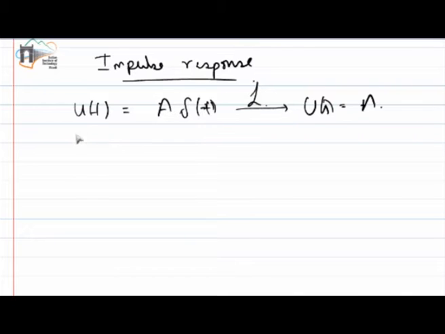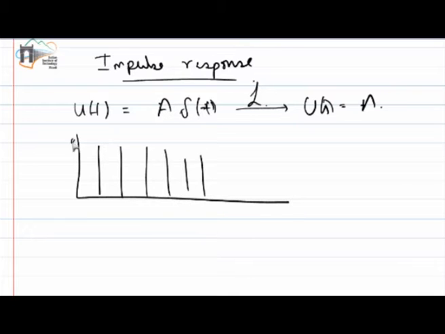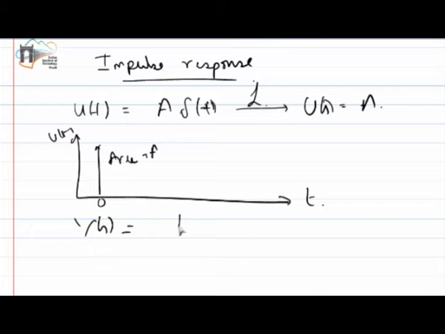These impulse responses are pretty interesting signals in the process industry because we have this kind of pulse as some input, or a chain of impulses, which can severely affect the performance of the system. So let's say we consider only one, of area A times delta(t).